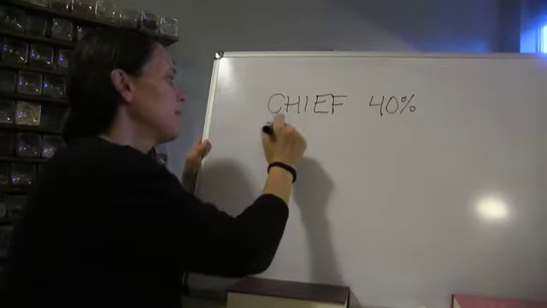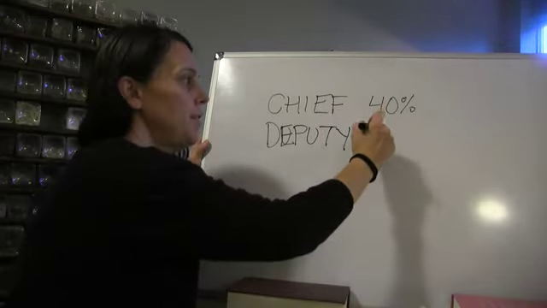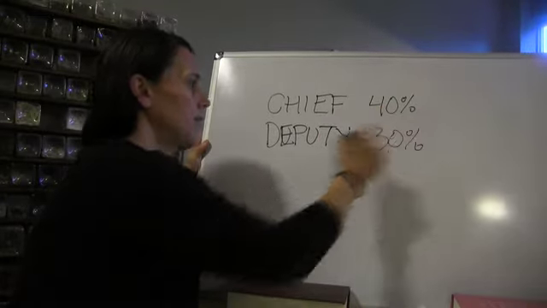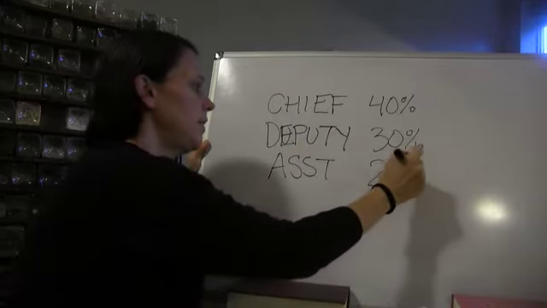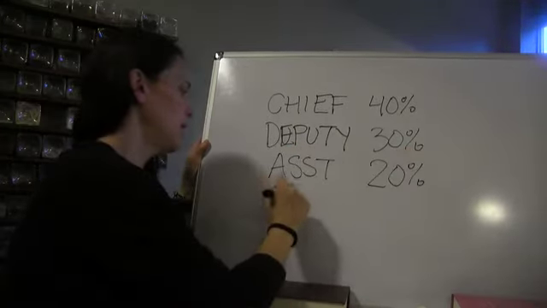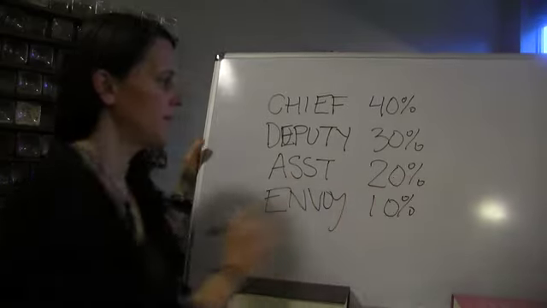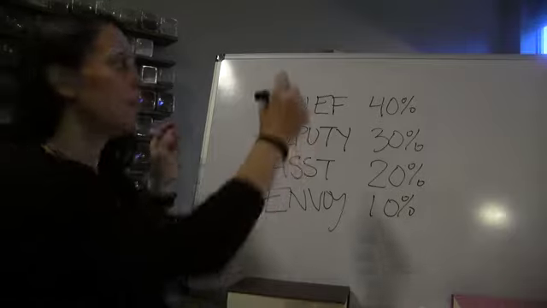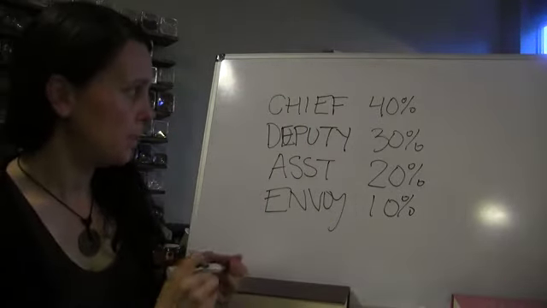Deputy, 30%, assistant, 20%, envoy, 10%. So that's a really simple way to break it down. Brings you to 100%.